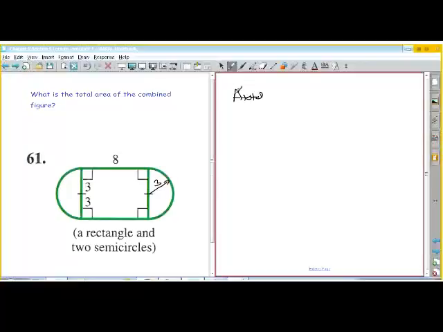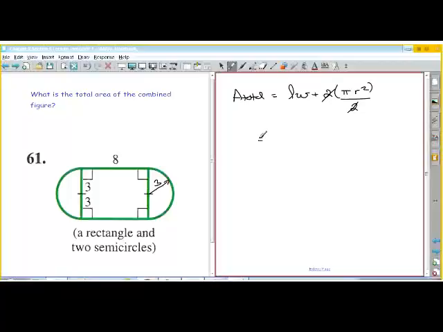So in this case, the total area is the area of the rectangle, which is the length times the width, plus 2 times the area of the semicircle. Well, the area of a circle is pi times r squared. So the area of a semicircle would be pi times r squared divided by 2. You see those cancel out.